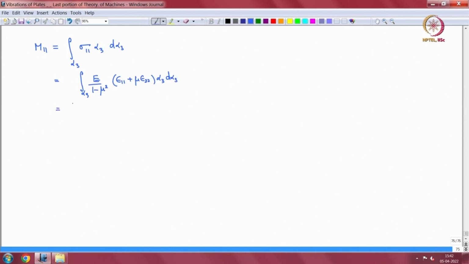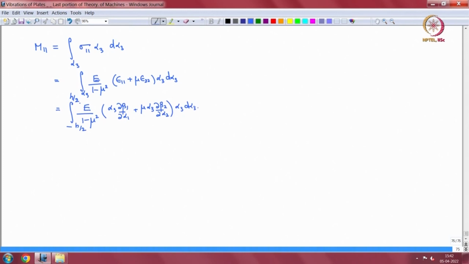That is equal to the integral from minus h by 2 to h by 2 of E by 1 minus mu squared, alpha 3 del beta 1 by del alpha 1 plus mu alpha 3 del beta 2 by del alpha 2, alpha 3 d alpha 3.